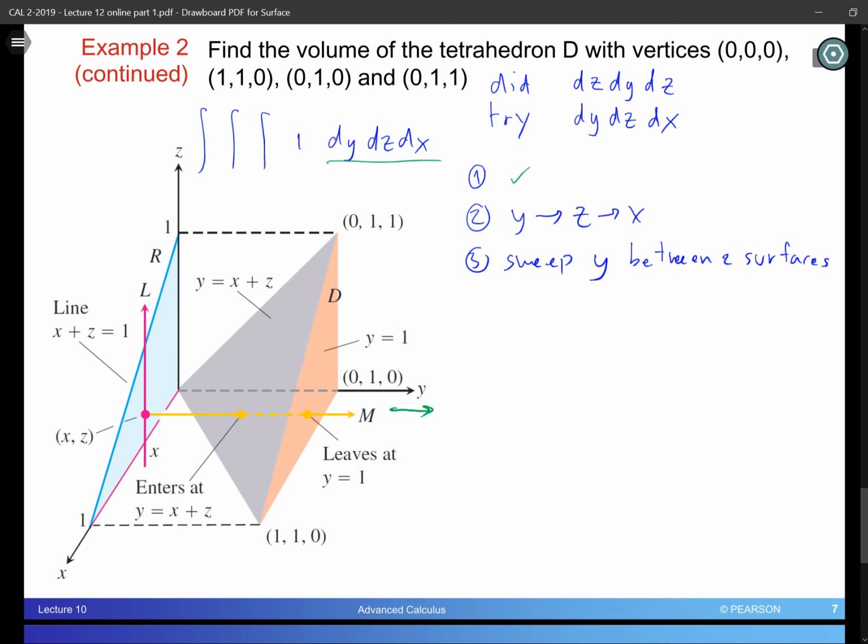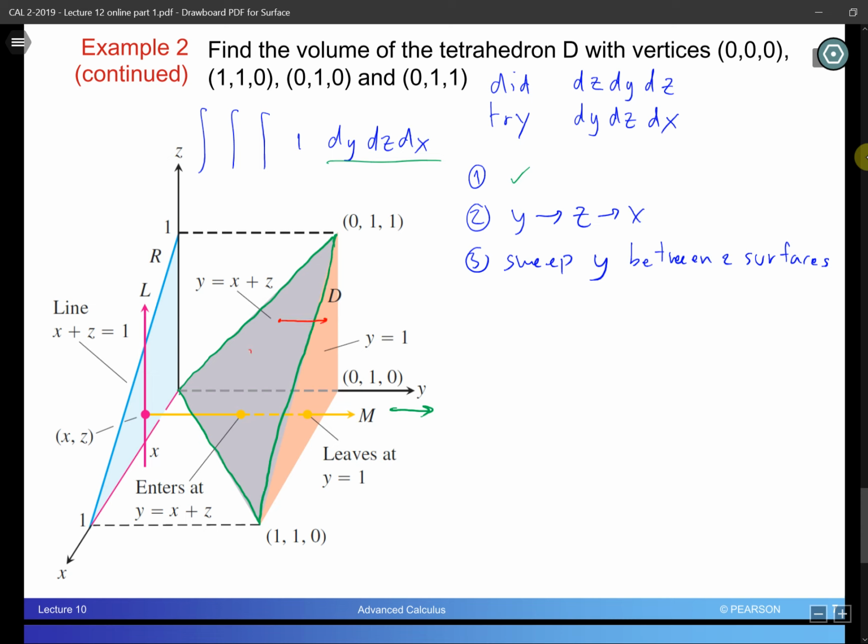As you can see, if you can imagine this plane right here, the gray plane is going to be the left surface, the starting point of the y sweeping. How is that going to work? It's going to start from the gray plane and go to this orange plane.